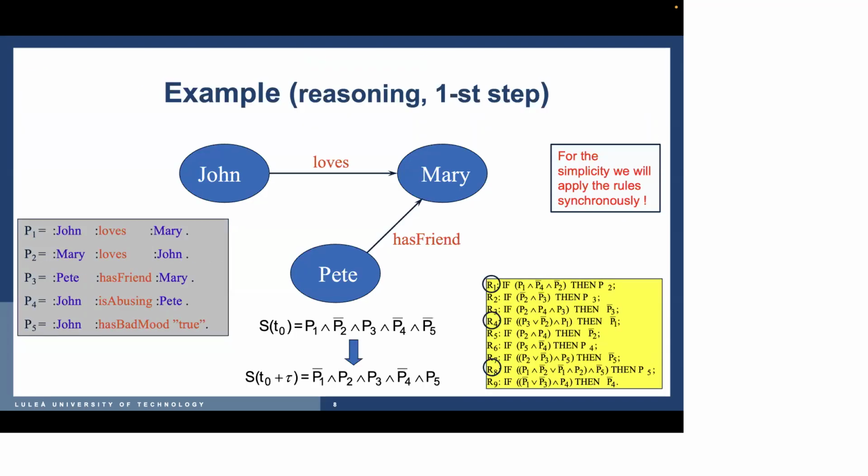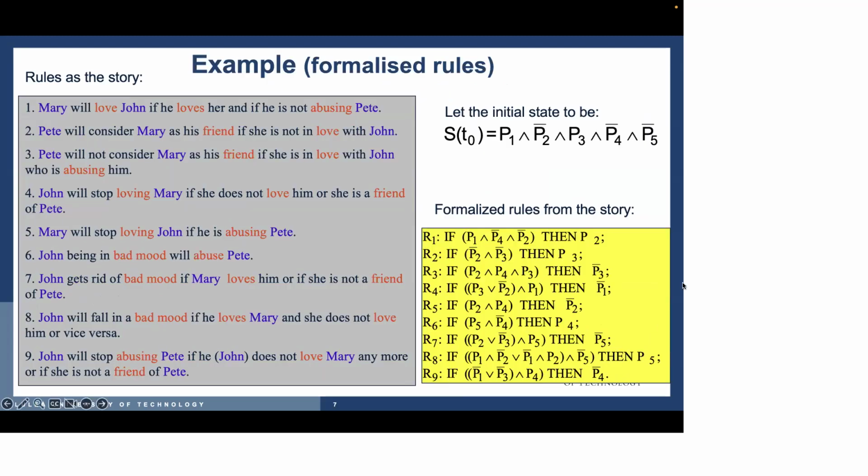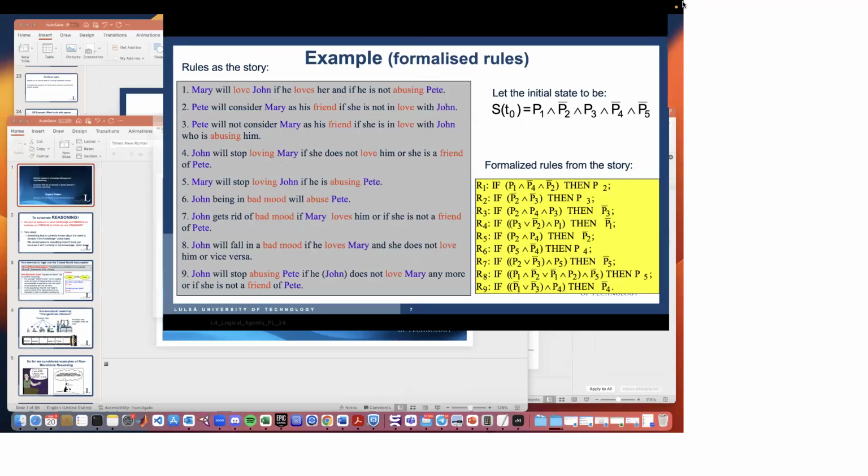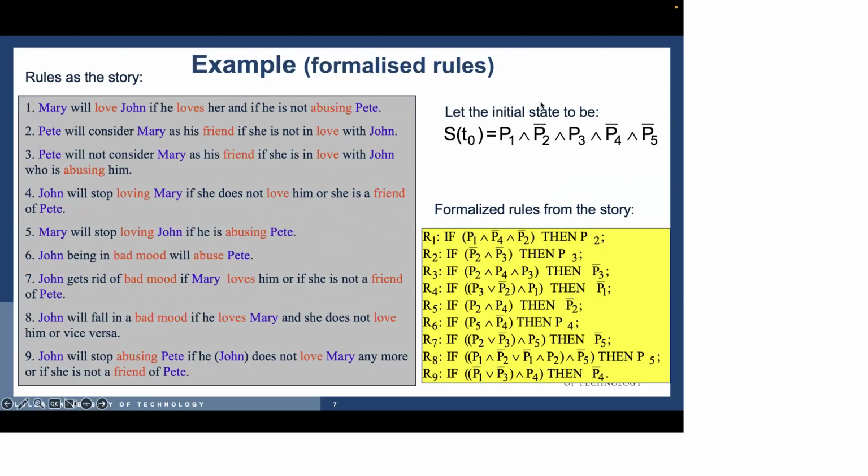Then we have some starting point normally for the reasoning, the current state of the system, that can be described by this logic formula.